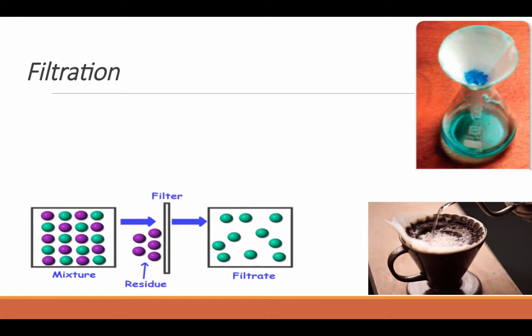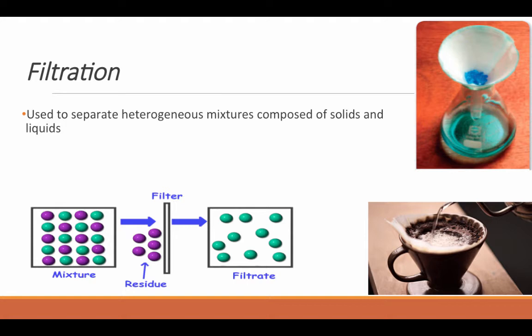In chemistry, we filter out what are called precipitates, which is just a word for solid. We filter out precipitates, and then we can figure out how much of that precipitate we produce, which is really important. And what it does is just separates what you don't want and what you do want from that heterogeneous mixture.